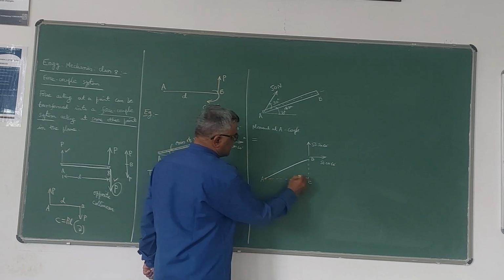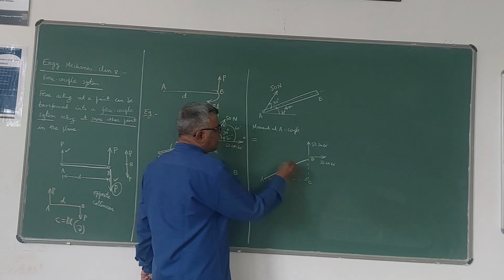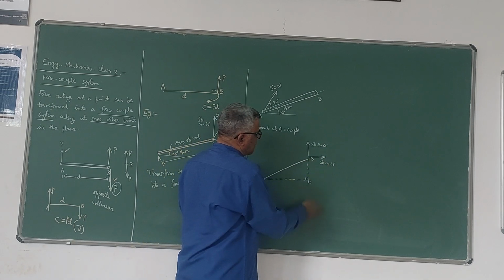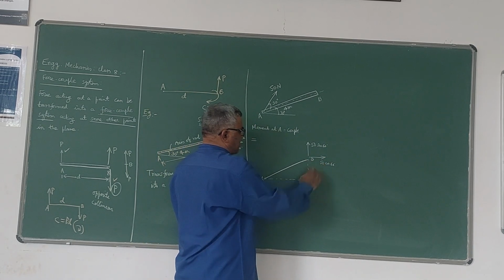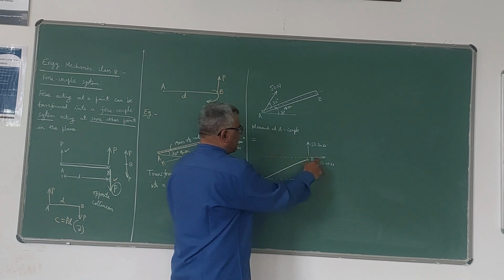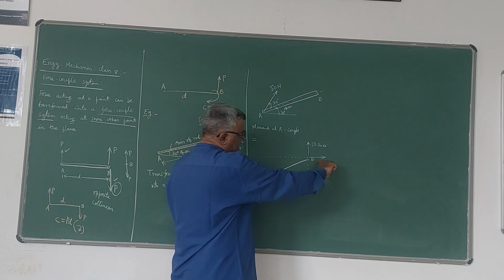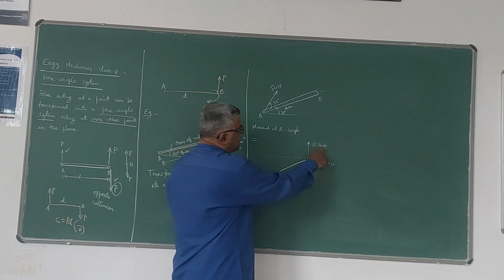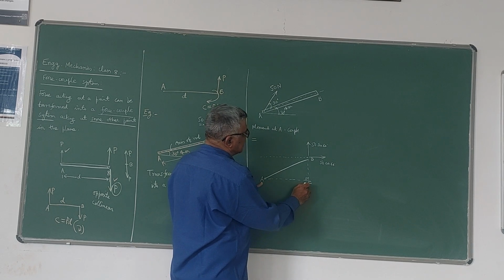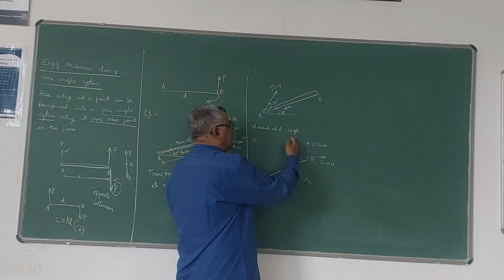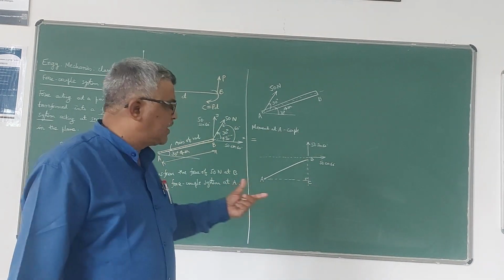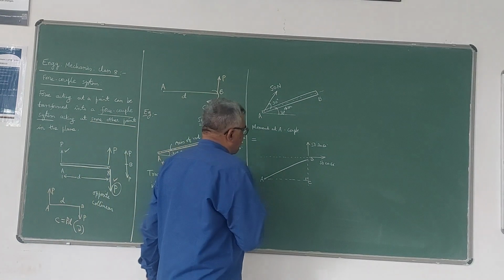Because if you are calculating the moment about A, moment of this 50 cos 60 will be 50 cos 60 into this distance. So line of action if we extend that, 50 cos 60 into this distance gives the clockwise moment, and this 50 sin 60 into this horizontal distance gives the anti-clockwise moment. So last problem also we have done with similar lines. Same procedure I am following here.